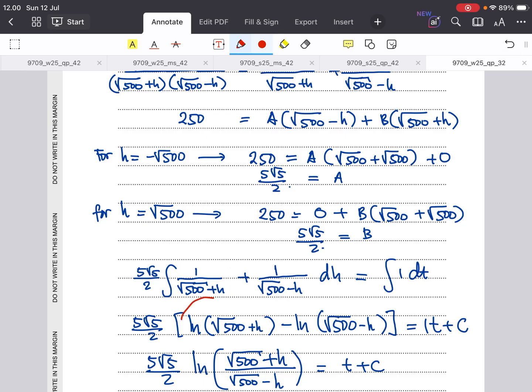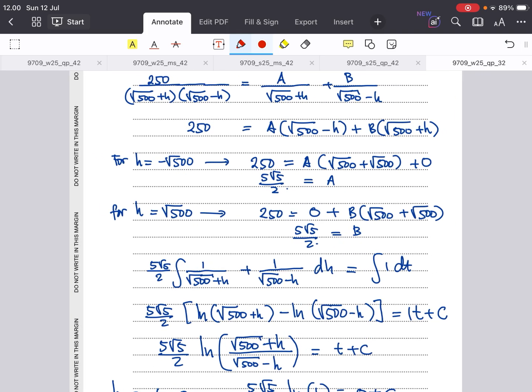It will be ln, you integrate with respect to h, ln root 500 plus h minus, because we have minus here, minus ln root 500 minus h equals 1 t plus c.